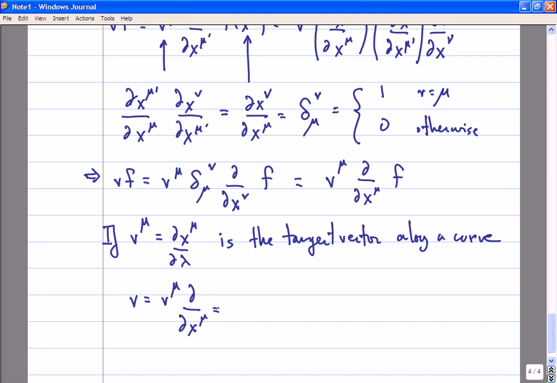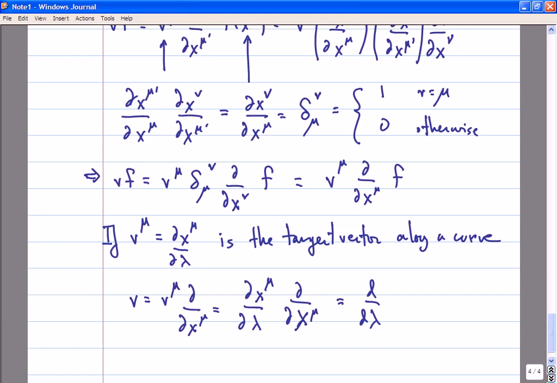That is dx^μ/dλ times ∂/∂x^μ, which by the chain rule is just d/dλ. Right? You just cancel the x^μ's. That's all you ever do in the chain rule.